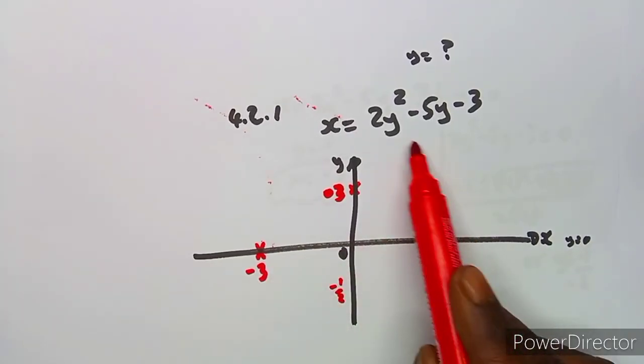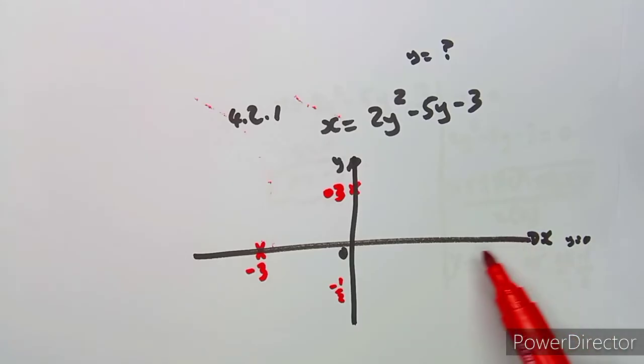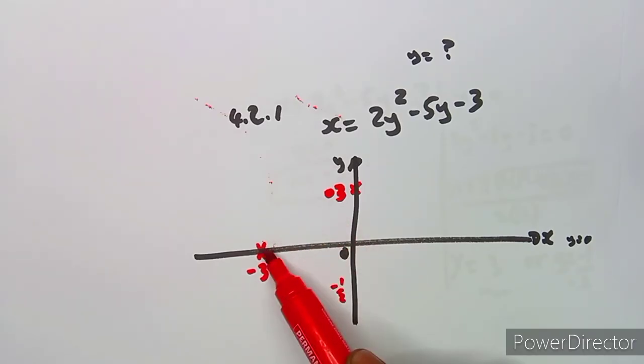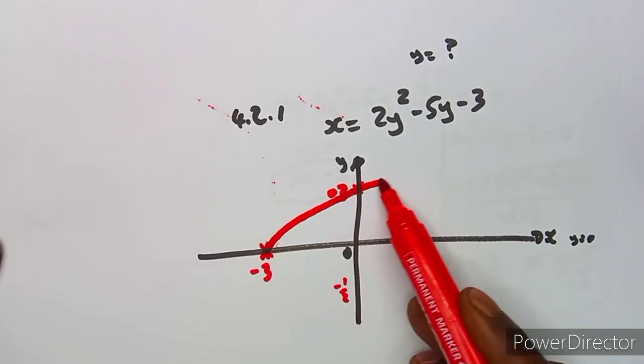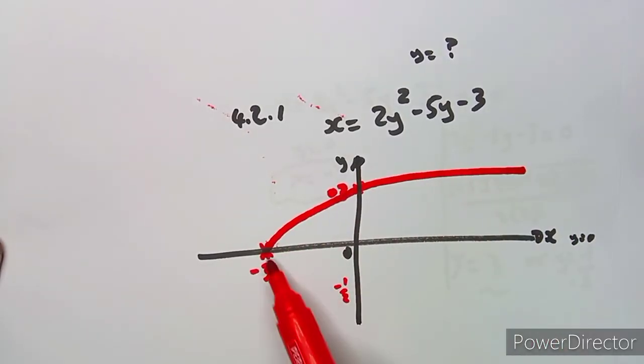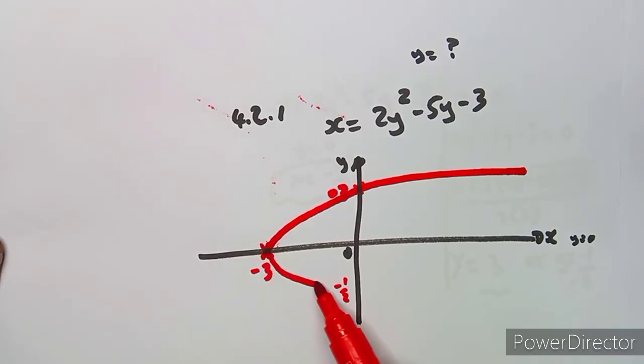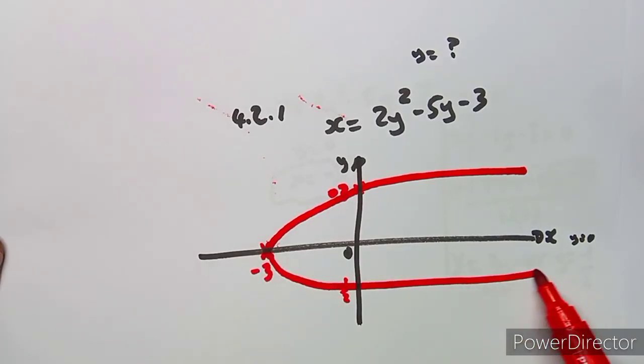Our graph, since it's for x now, we don't know the value of x that we shall have, but this is going to be your turning point. So if this is your turning point, your shape is going to be like this. That's your graph there.